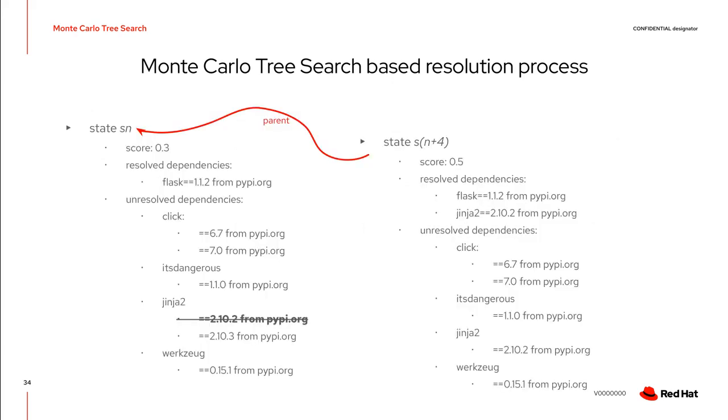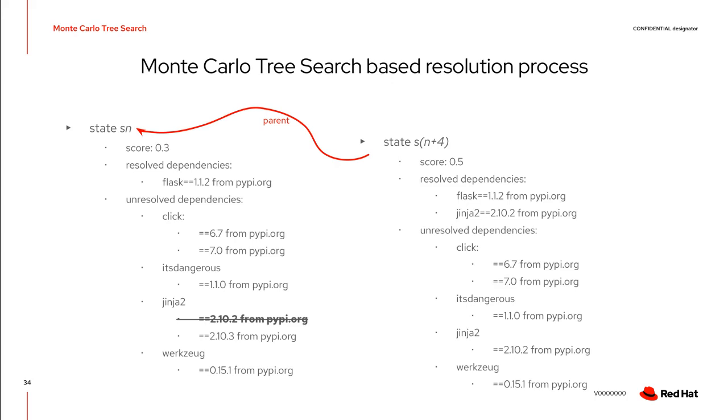So in case of state Sn+4 that we computed, we propagate information about score to parent nodes, so the predictor can learn how the resolution process looks like and how these software stacks are scored in the whole state space.